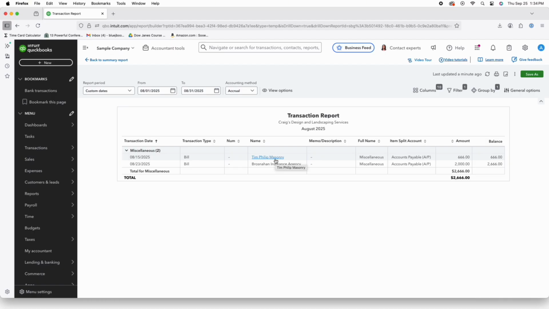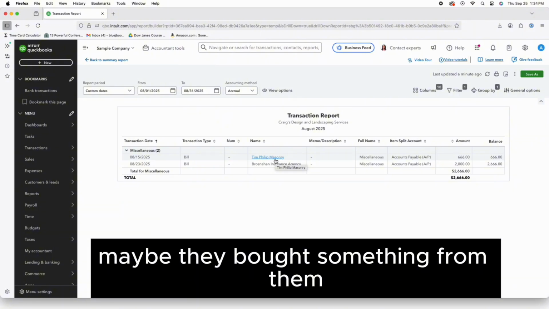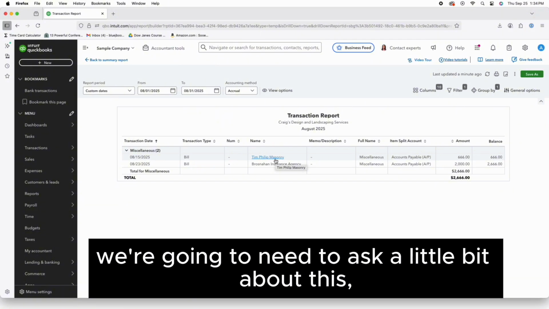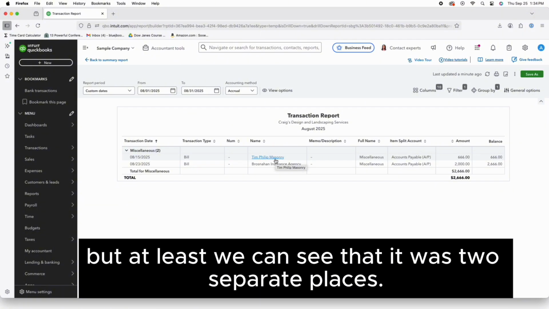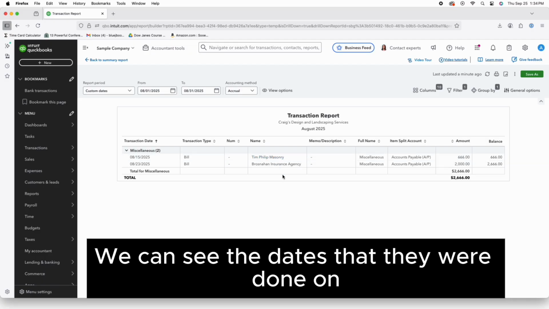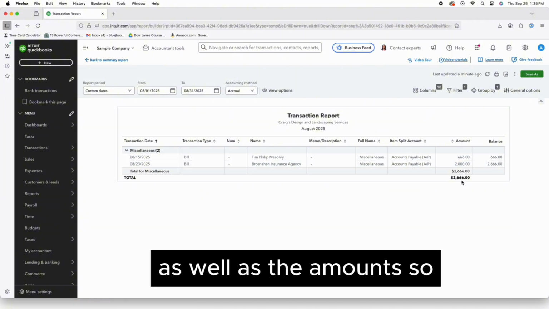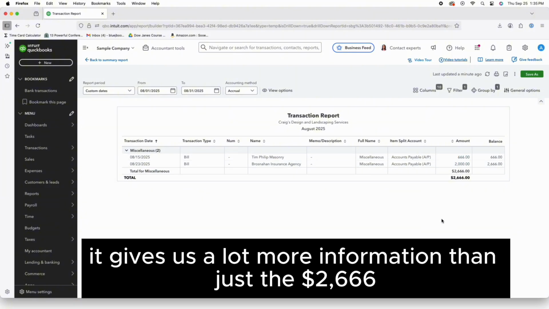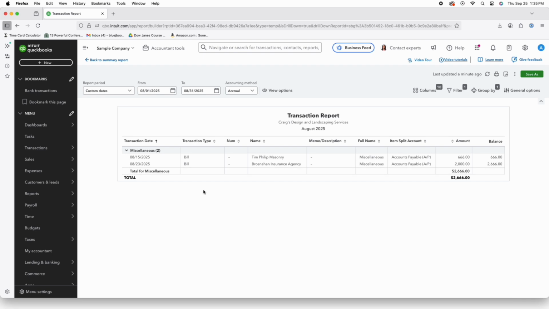Maybe it was contract work. Maybe they bought something from them. We're going to need to ask a little bit about this, but at least we can see that it was two separate places. We can see the dates that they were done on, as well as the amounts. So it gives us a lot more information than just the $2,666.